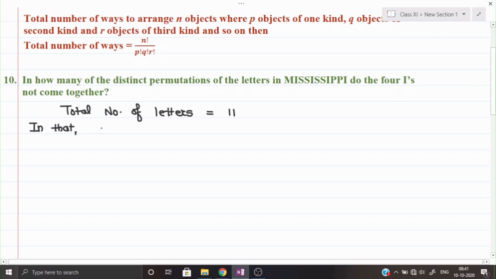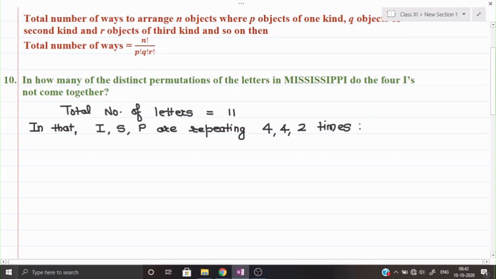Which letters are repeating here? I, S and P are repeating. I and S repeat 4 times each, and P repeats 2 times. So 4, 4, 2 times they are repeating.